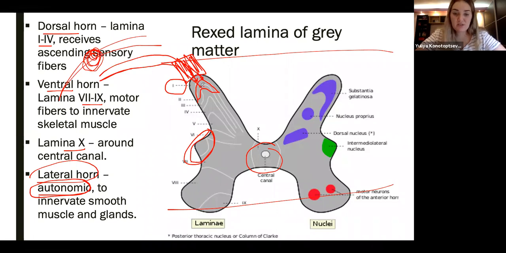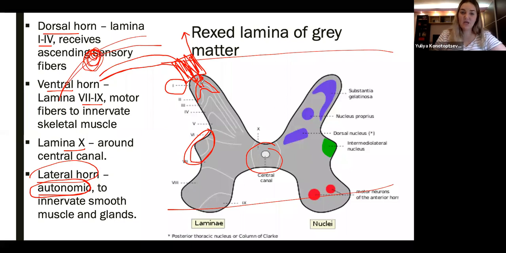What's interesting is that these axons are going to be ascending. The axons in the substantia gelatinosa ascend through the entire length of the spinal cord. It doesn't matter where you cut the spinal cord, you will find substantia gelatinosa there.